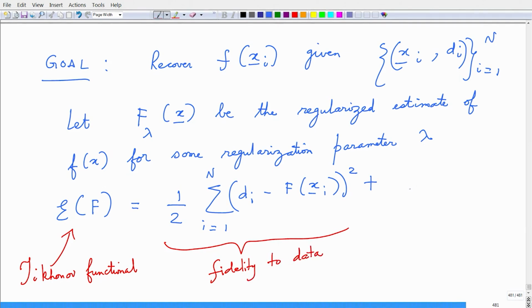And then we have the other part. This is where the regularization comes into the picture. We have a linear differential operator acting on this function, I would say f of x, to be a little more clear. I look at the norm where this function space resides, and this gives us the smoothness constraint.